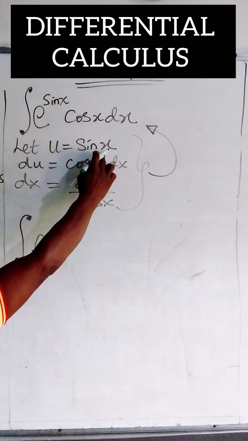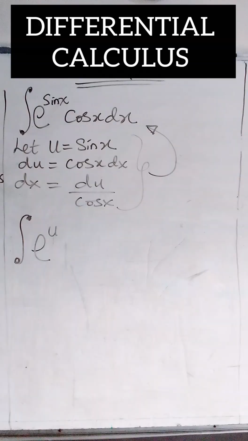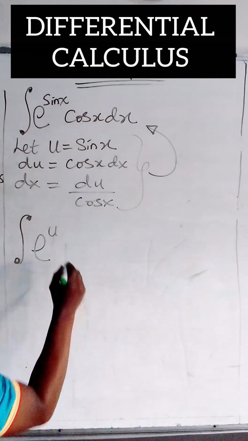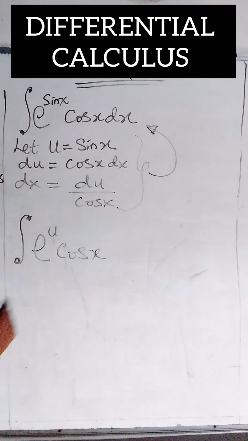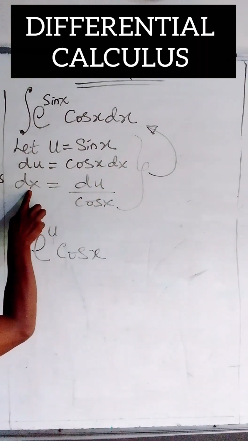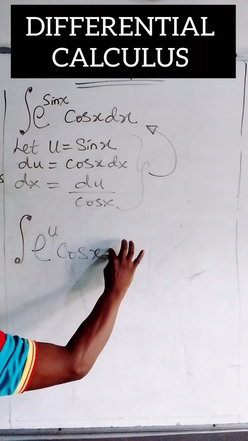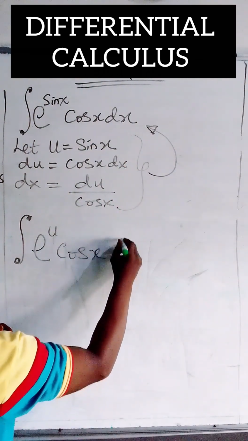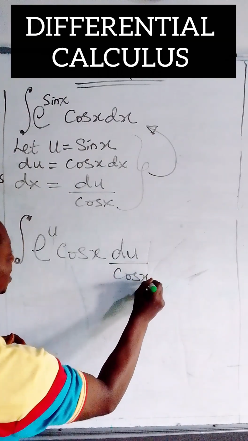Remember we said sine x should be u, so we put u there. Copy cos x. But we have a replacement for dx, which was du over cos x. So we carry this and fix that for this dx. And that is going to be du over cos x.